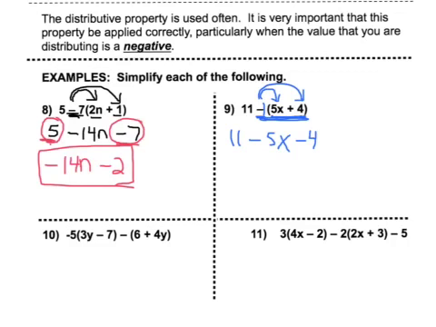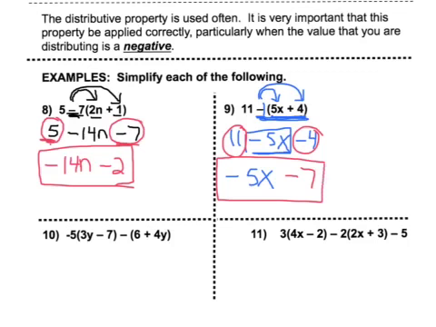So now we combine like terms. I'm going to take the negative 5x and put it in front because the variable term goes in front. And then I'm going to take the positive 11 and the negative 4 and combine them. 11 plus a negative 4 is 7. And that's going to be a simplified version.